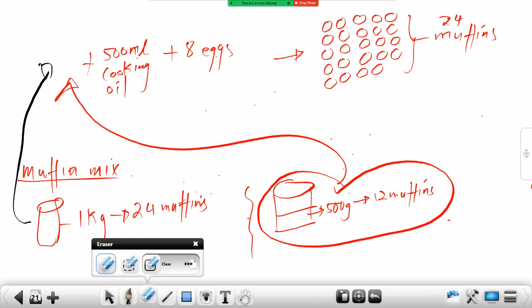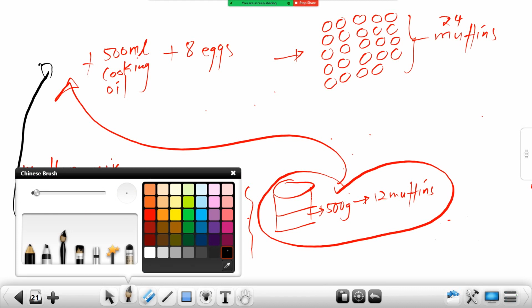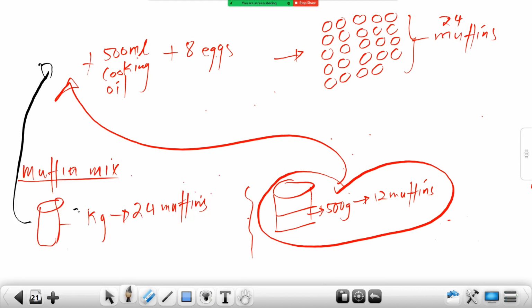But I now decide not to use the 1 kg, but to use the 2 kg. What do I need? I only need 24 muffins, I don't need more than that, because the number of eggs and the sunflower oil that I have only allow me to have 24 muffins.